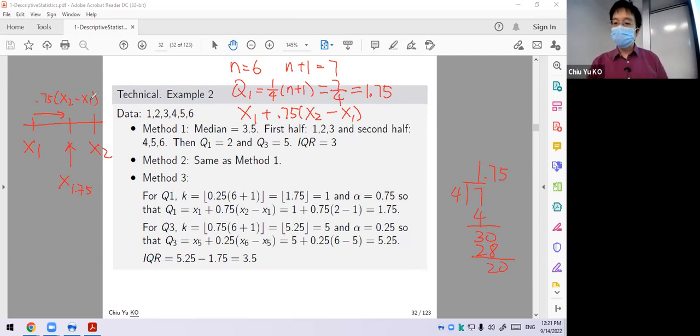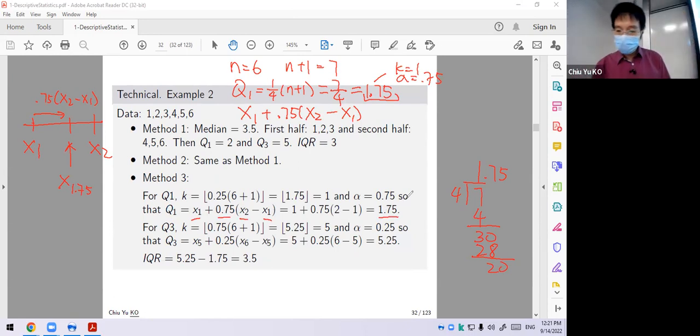Is that clear? If you look at the formula, k is 1, alpha is 0.75. k is an integer, the decimal is 0.75. So that's why you have all this, and it gets you 1.75.